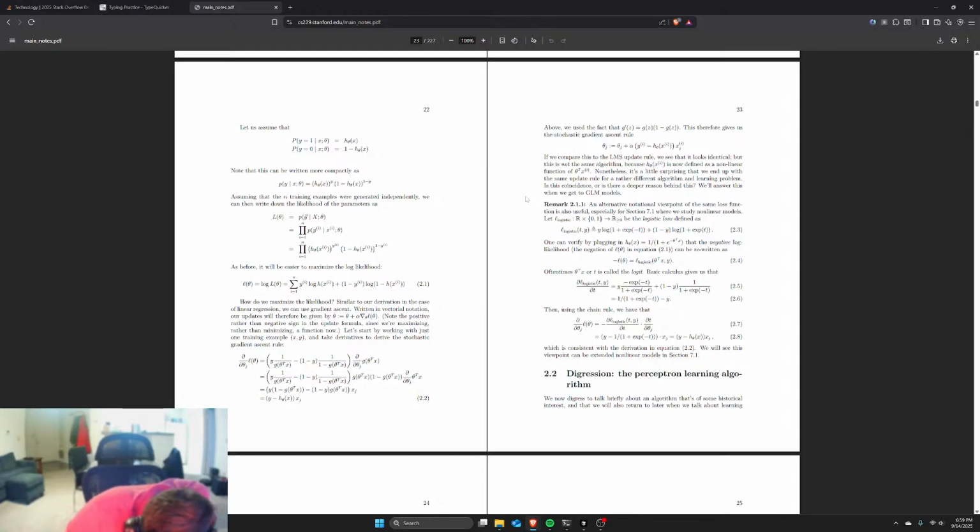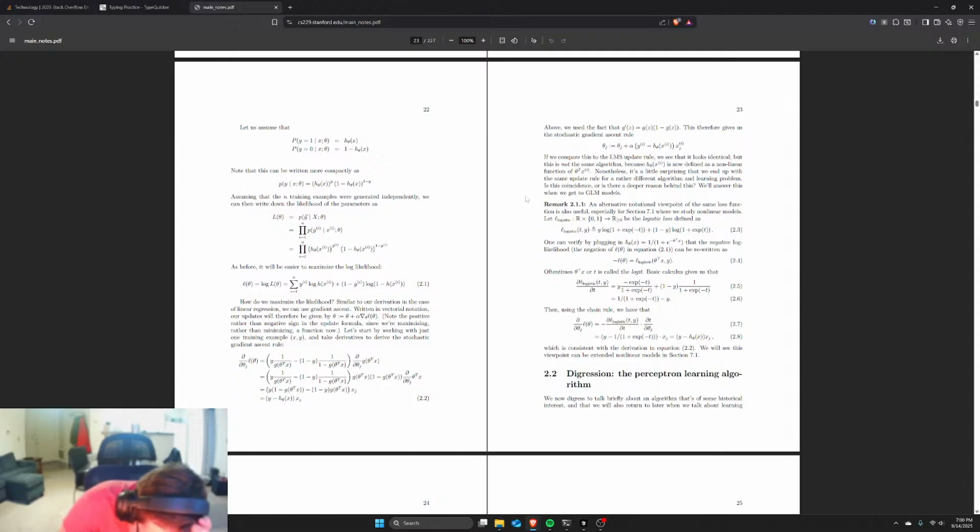So that becomes the sum of, so I is equal to 1 to n here, the sum of the log of, and I'm just going to log h. I should put parentheses there.